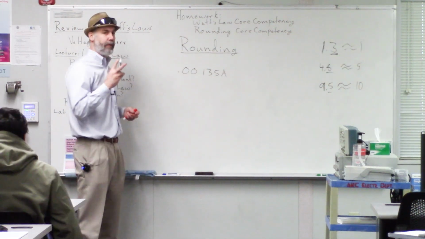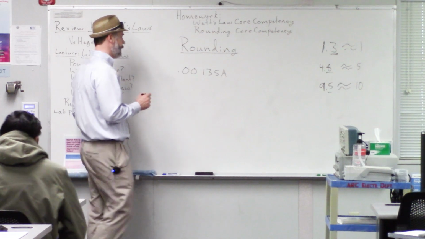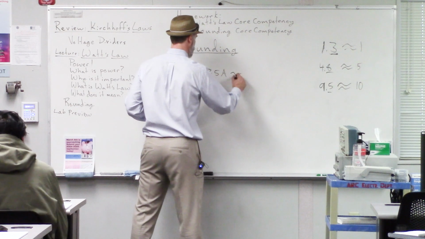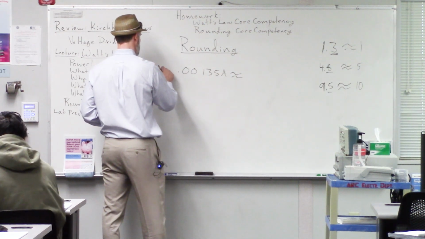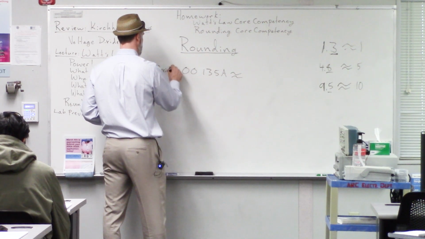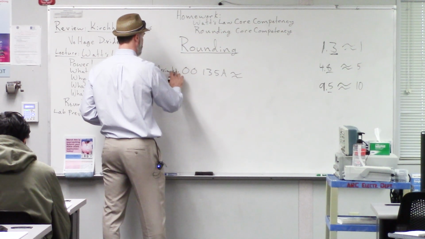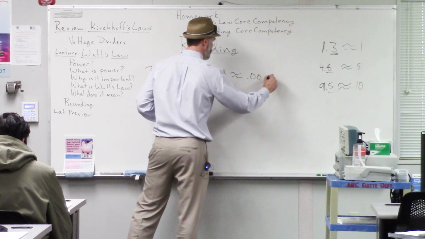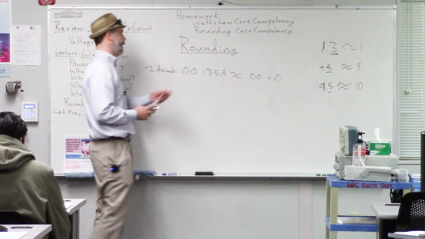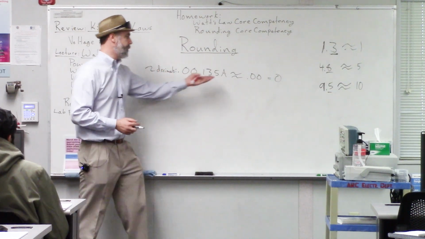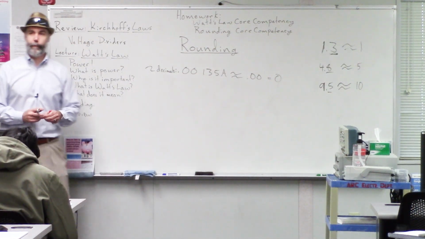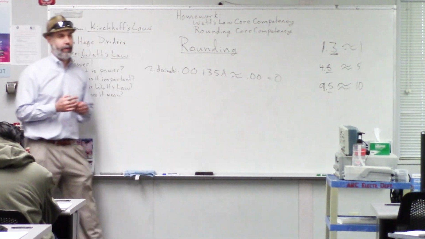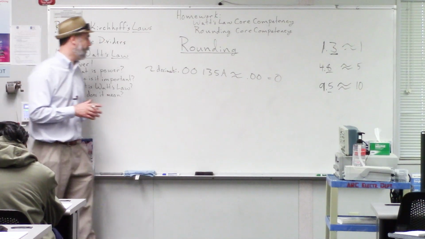Imagine you rounded that to 2 decimal points, just 2 decimal digits. That would just become 0.00 or 0. We would say that if you're just keeping 2 decimals, that would just be 0, okay? And for a lot of circuits, that's not precise enough. If you have 1.35 milliamps, you want to know that there's some current flowing. That's not the same as 0, okay?